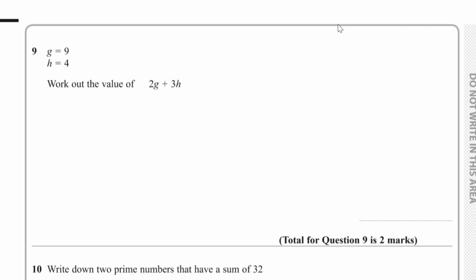Question number 9. We have g which is 9 and h which is 4. We have to work out the value of 2g plus 3h.